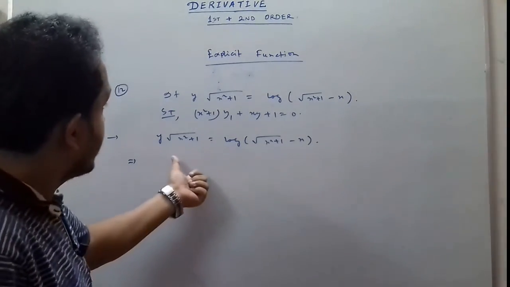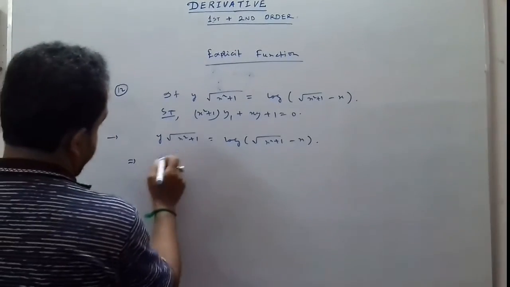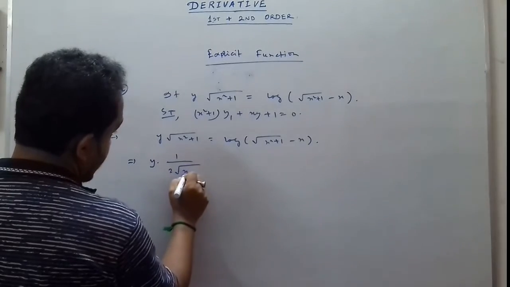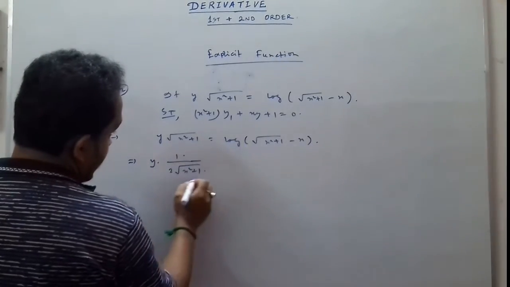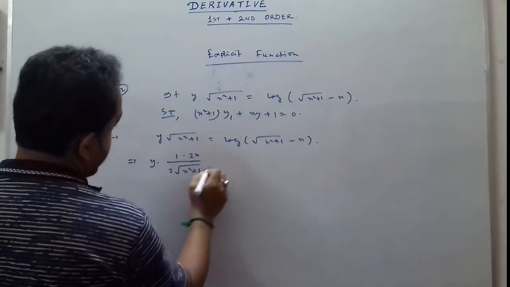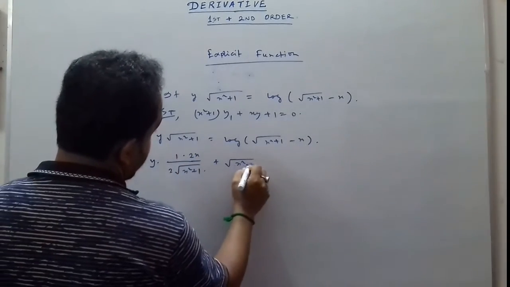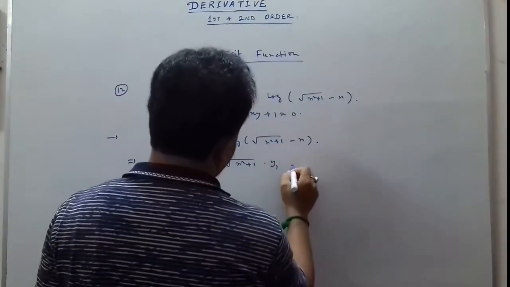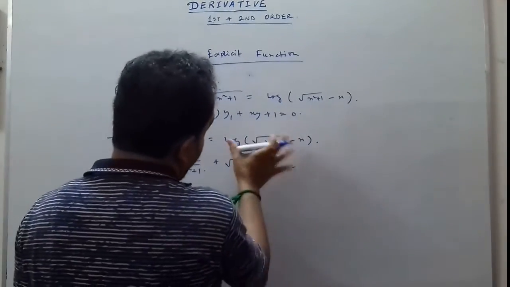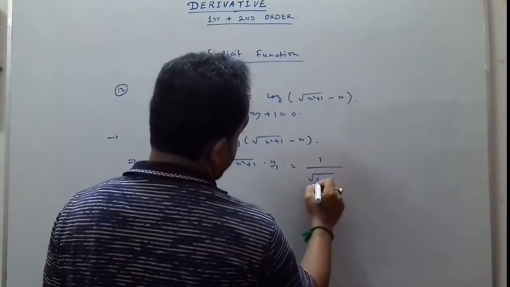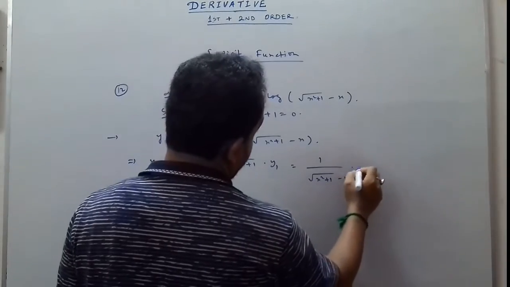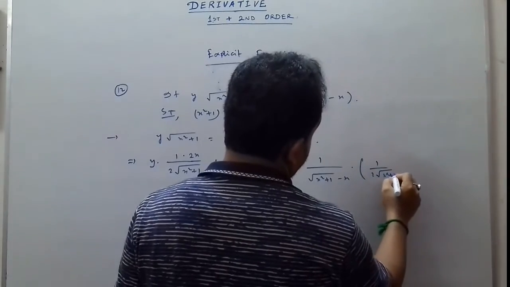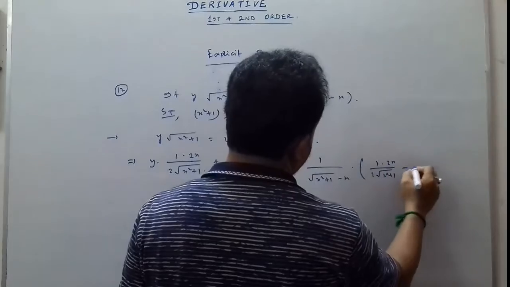Now we differentiate with respect to x on both sides, we get y into derivative of this part is equal to 1 over 2 root under x square plus 1 into derivative of x square plus 1, which is 2x, plus root under x square plus 1 into derivative of y, which is y1, is equal to the right side. Derivative of logarithm function is equal to 1 over (root under x square plus 1 minus x) into derivative of this part. So 1 over 2 root over x square plus 1 into 2x minus 1.